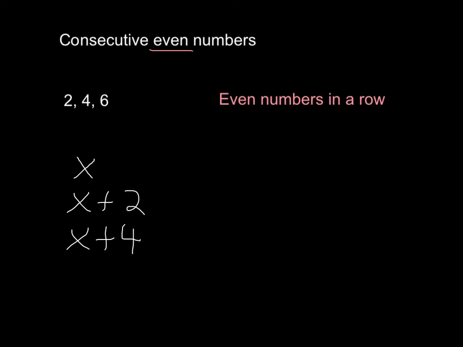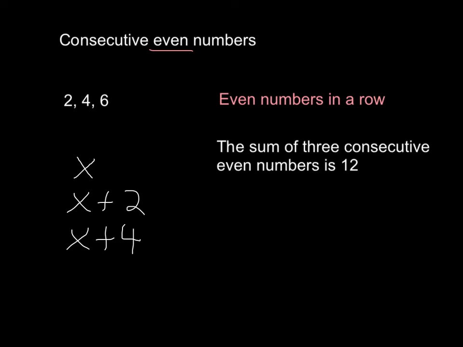So when we used consecutive integers, 1, 2, 3, we added 1, and when we did consecutive even numbers, we had to add 2. So if I say the sum of 3 consecutive even numbers is 12, then I can just sum these, 3x plus 6, and set them equal to 12.